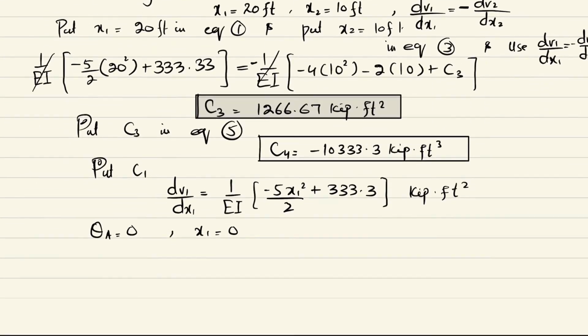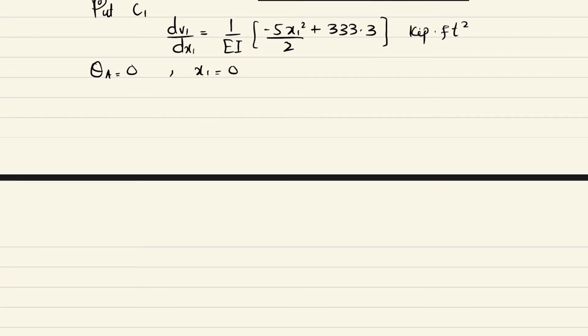We will solve that first; you can solve either part first, that's your choice. So put x1 is equal to 0 in dv1 over dx1.